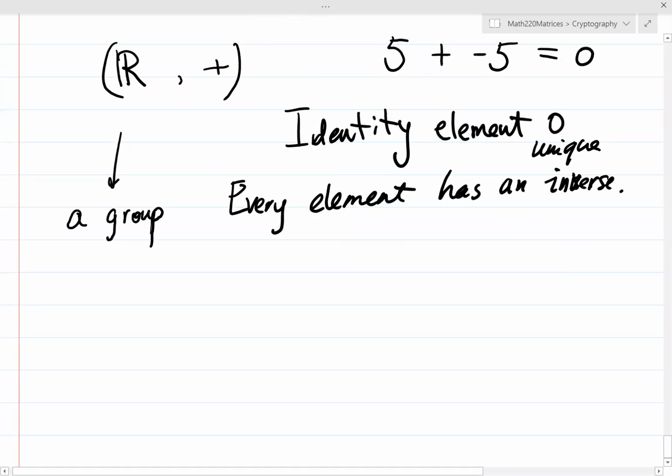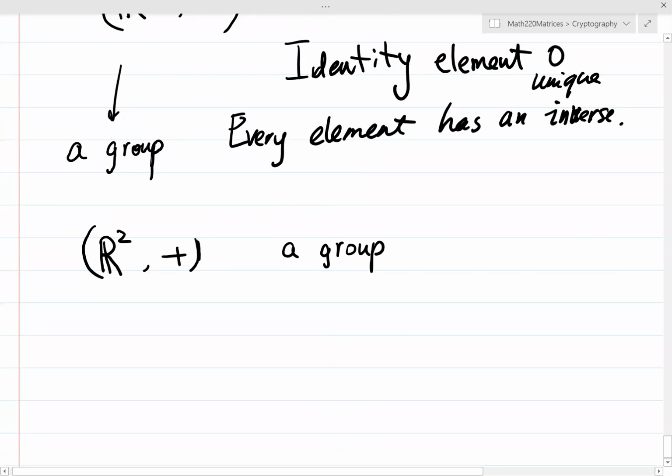Now, of course, R2 with respect to addition is also a group, with respect to translation. You can translate by a vector, and the 0 vector is the identity element.